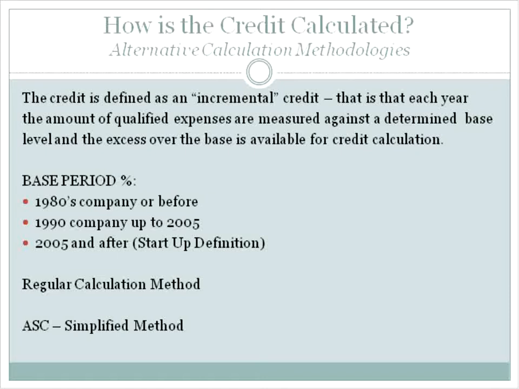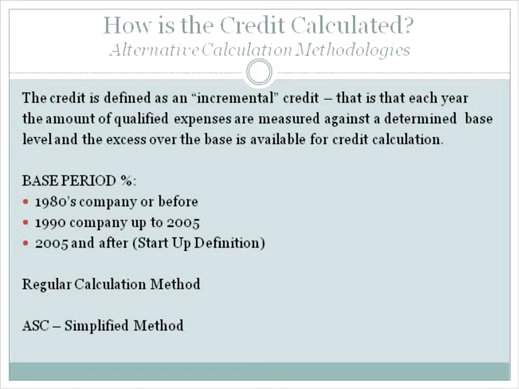So essentially, part of the necessary review is do you have the documentation to support a base period calculation? Do you want to even go dig it up? And sometimes it's a matter of, what might the potential value be before you make that decision.